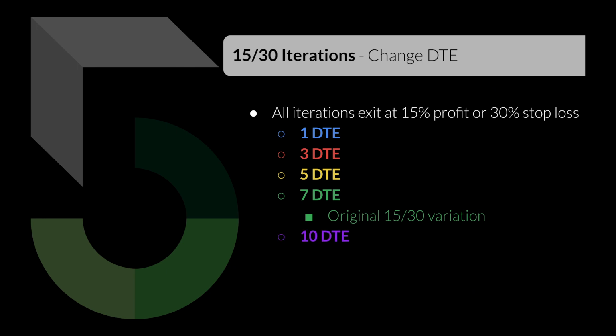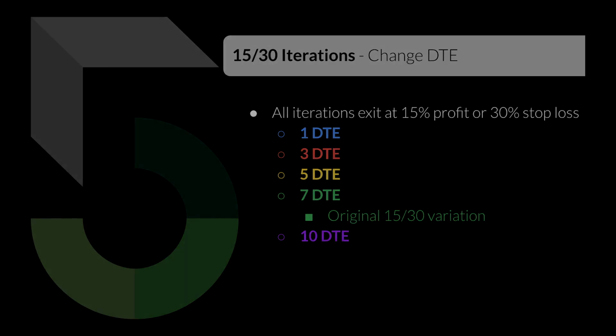So I got 5 different DTE Ironflies going simultaneously, and I'm just exiting at either one of these 2 points. If neither of these two targets are met, I would be exiting at 2 hours before expiration to avoid any type of assignment risk.